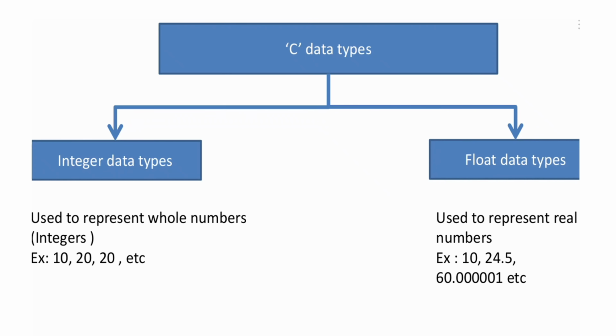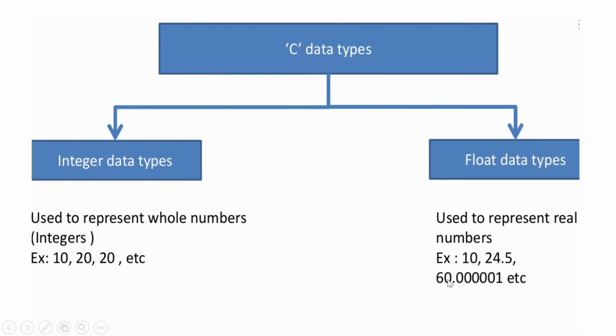Data types. Based on real world data, we have two significant types of data. The first one is the integer data type and the second one is the float data type. The integer data type is used to represent whole numbers, for example 10, 20, and so on, and the float is used to represent real numbers.